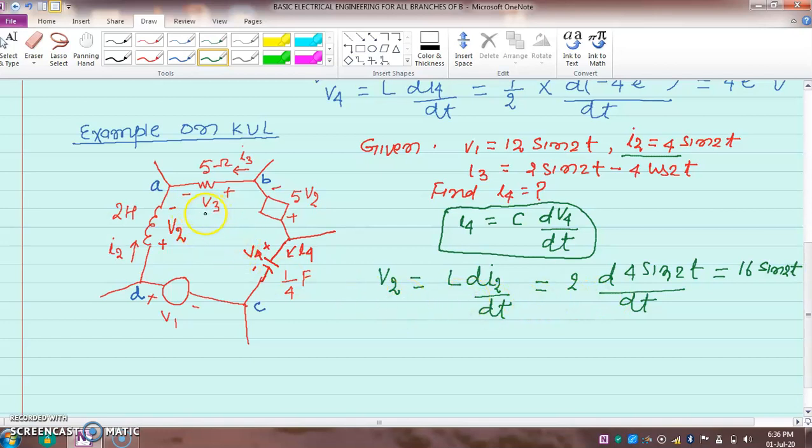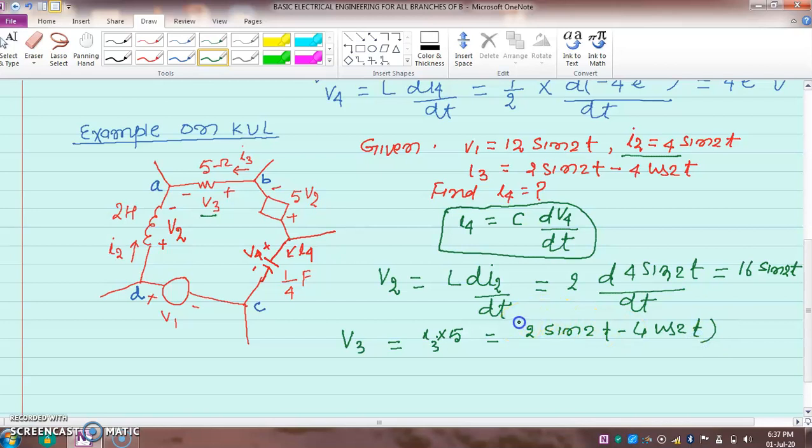Now calculate V3. V3 is the voltage in the resistance, which equals I multiplied by R. R is 5, I3 is given as 2 sin 2t minus 4 cos 2t.